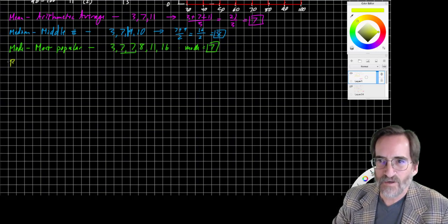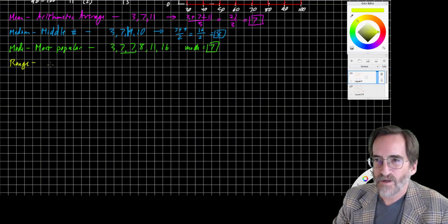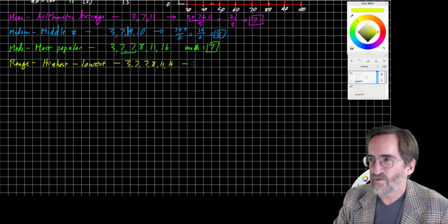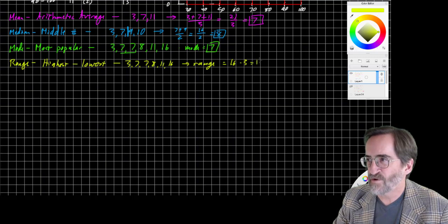Range. Now it says range of a set of data. I'm just going to do range. Okay, it's the highest minus the lowest. So in 3, 7, 7, 8, 11, 16, the range is 16 minus 3, or 13.